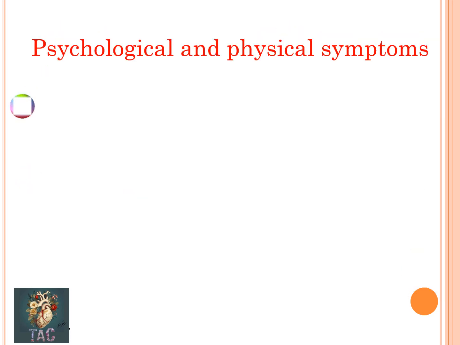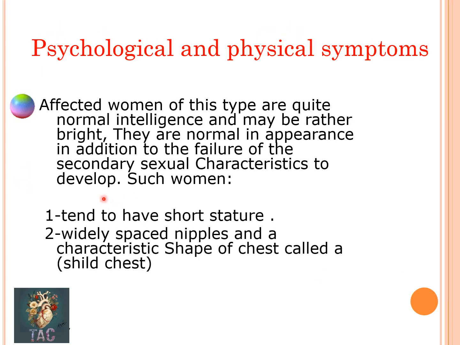Regarding psychological and physical symptoms, affected women of this type are of quite normal intelligence and may be rather bright. They are normal in appearance, in addition to failure of secondary sexual characteristics. Such women tend to have a short stature. They have widely spaced nipples and a characteristic chest called the shield chest.